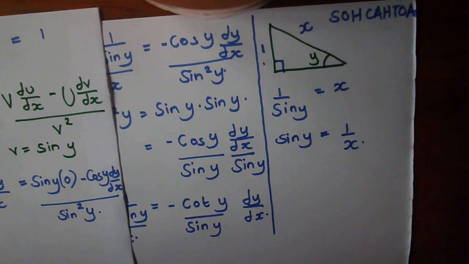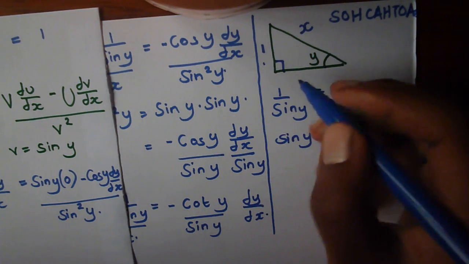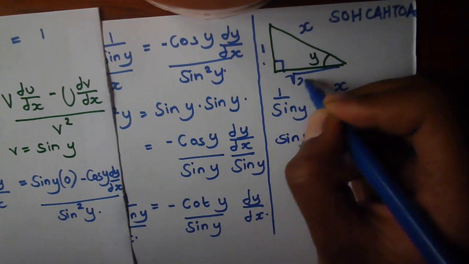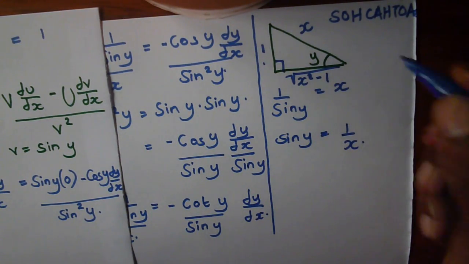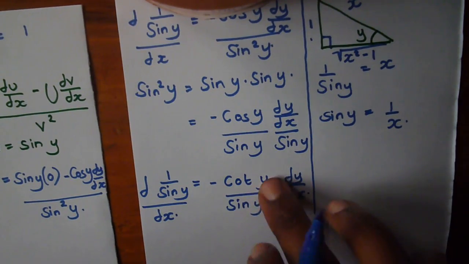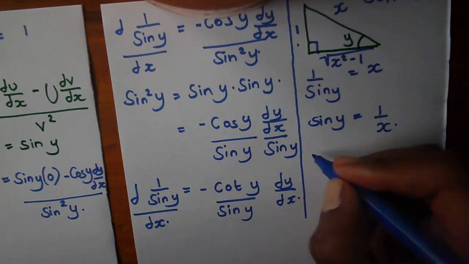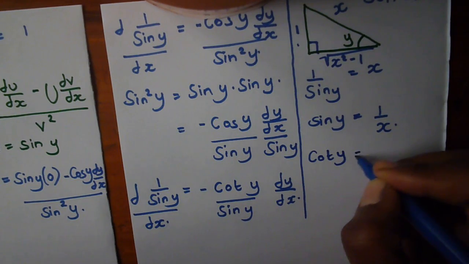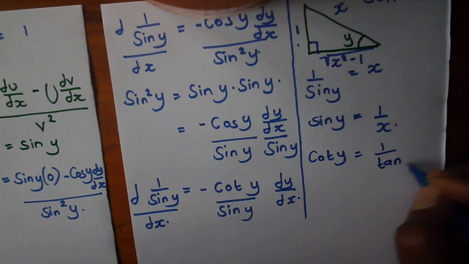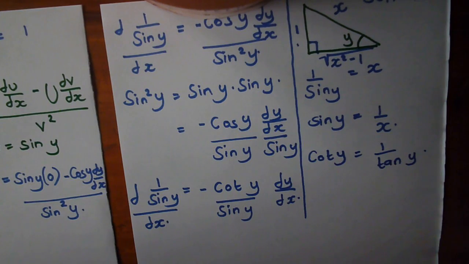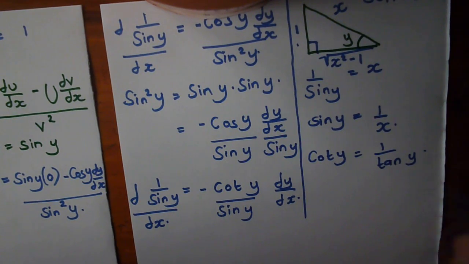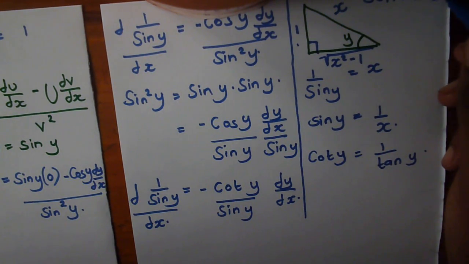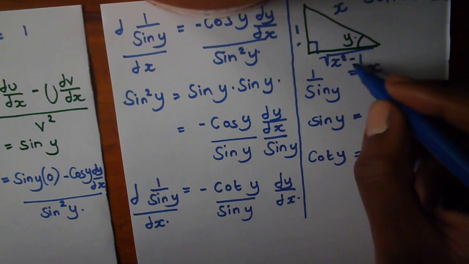Using Pythagoras theorem, we know that the base will be the square root of the hypotenuse squared minus the square of the height, so that we can get cot y and sine y. Cot y is just the same as 1 over tan y. To obtain cot y, let's first start with tan y. Tan y is opposite over adjacent.